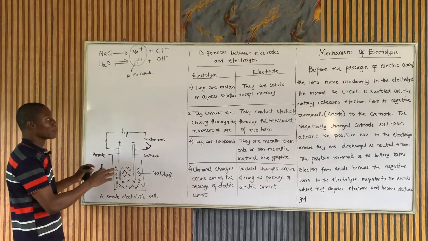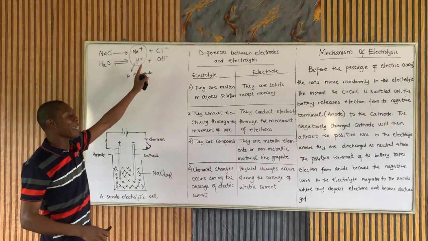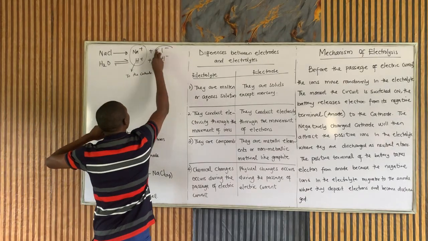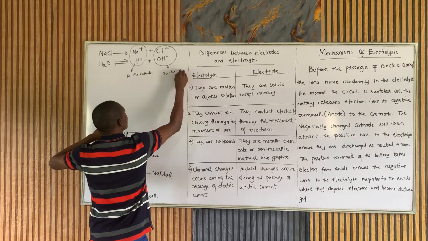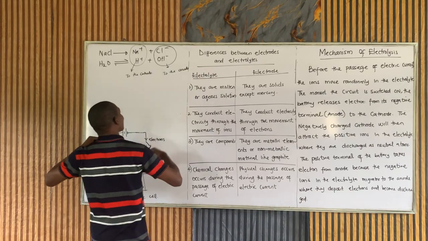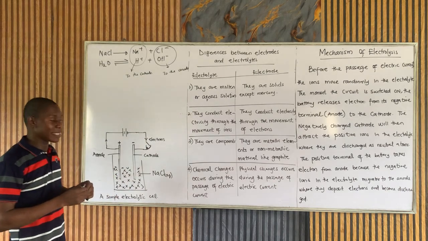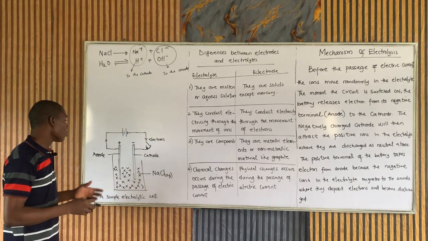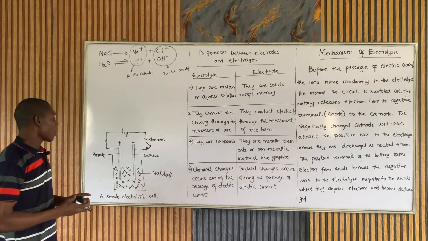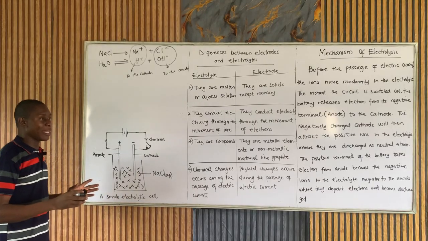One of them, either the chloride or the hydroxide, would be discharged by giving out its electron and be discharged as a neutral atom or neutral element, but we'll come to that. And that is the mechanism of electrolysis.